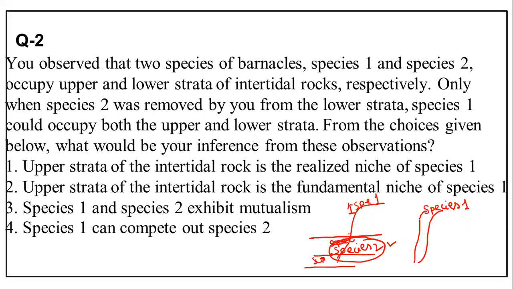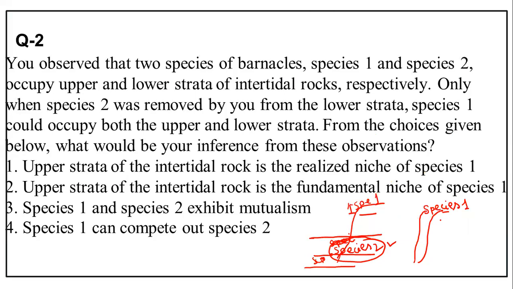So in the upper strata of the intertidal rock, you can see species 1. Now we know that the fundamental niche is what a species occupies when the competitor or other species is absent. Fundamental niche is so called because there is no negative interaction.